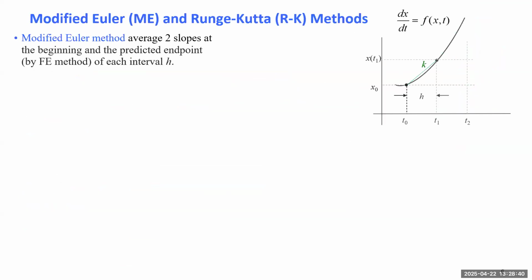Okay, next will be another two popular explicit methods. I use a blue color to indicate those methods that fall into the explicit type.